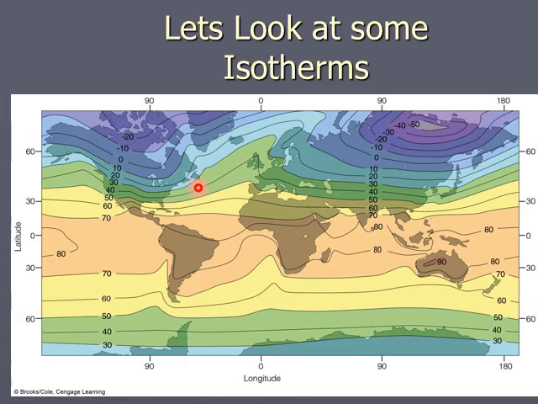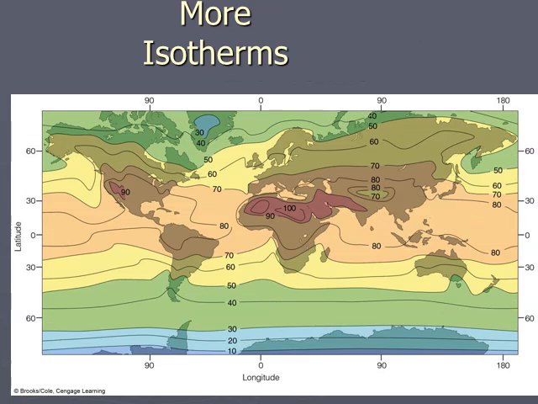You can see the ocean currents here, the Gulf Stream bringing warmer air and warmer water to England, and so on and so forth. Here's another isotherm. This one looks like it's in July, because look at all the warm weather in the northern hemisphere, and the southern hemisphere has cooler temperatures.